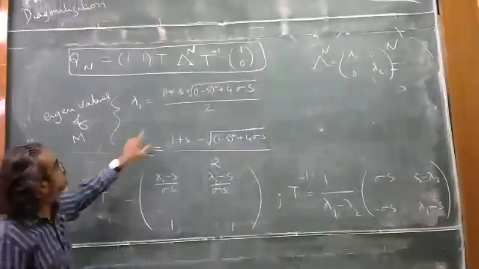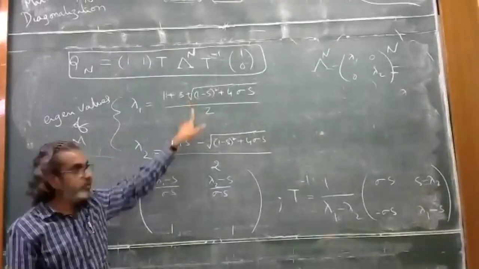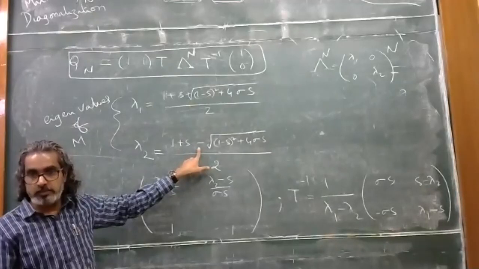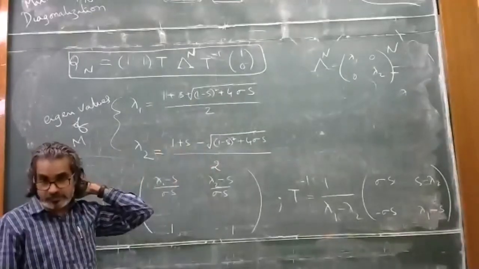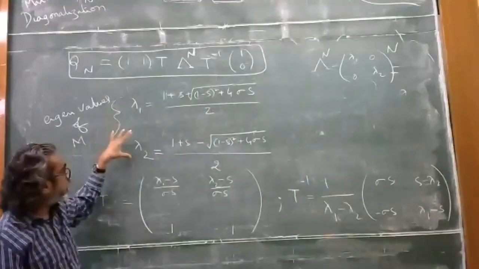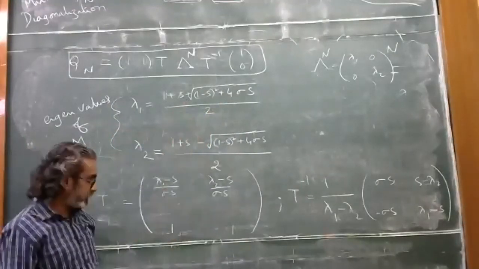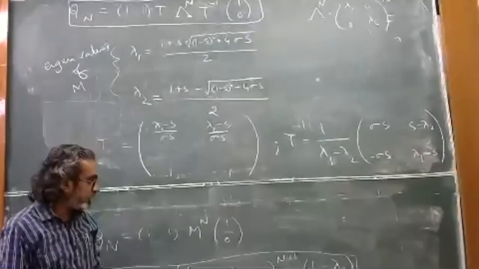The main difference is that here you are adding two values, and here you are subtracting. All quantities are positive here, sigma and S. If sigma and S are positive, then your lambda 1 is always larger than lambda 2, because of the negative sign.